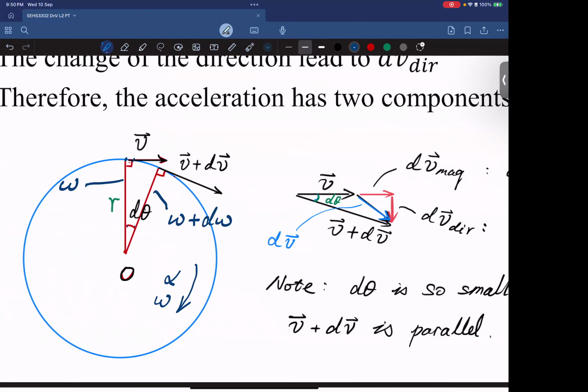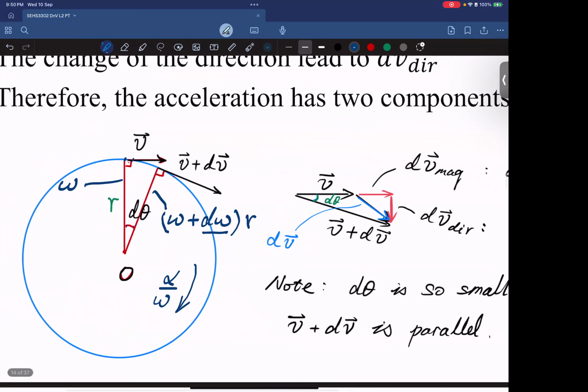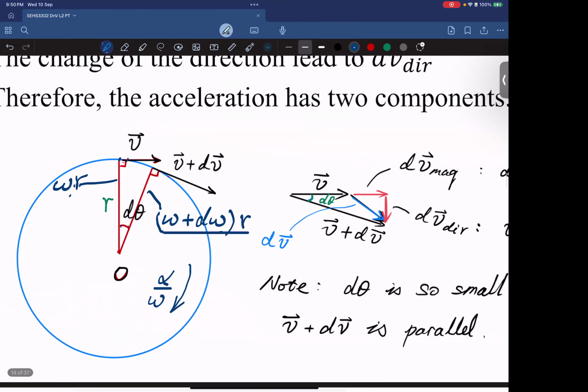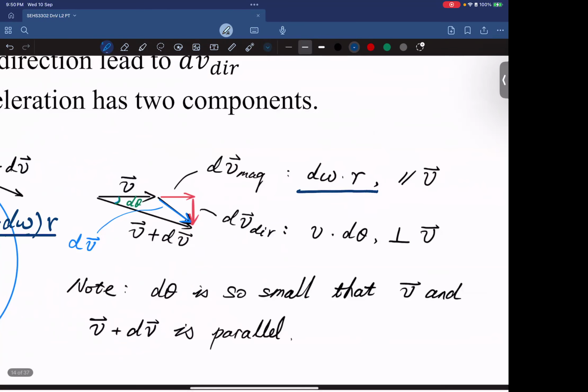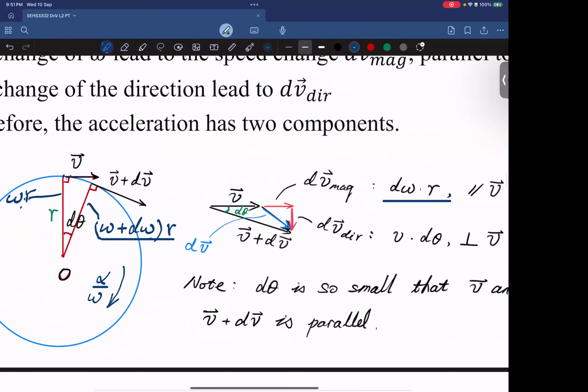Because there's an alpha, the angular acceleration, which means omega is going to be larger than before. Therefore, the later speed is omega plus d omega times r. The original one is omega times r, right? So omega plus d omega times r minus omega times r, we got d omega times r, right? This is the magnitude change.